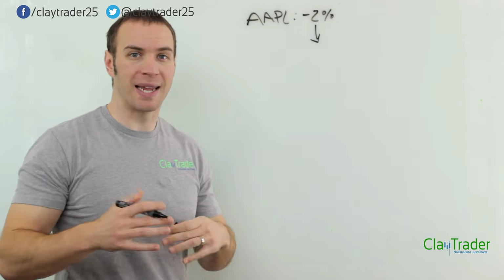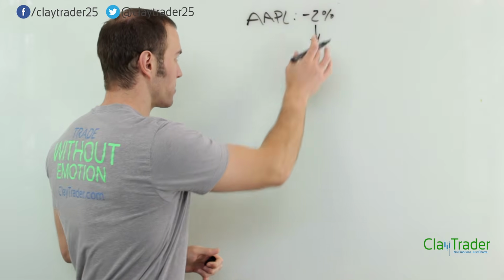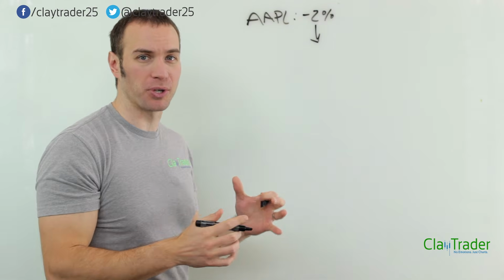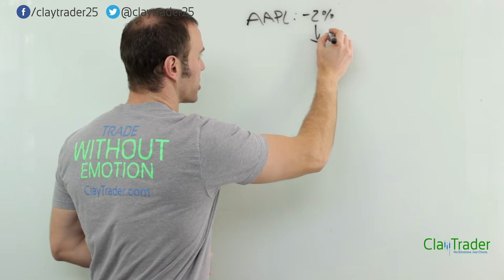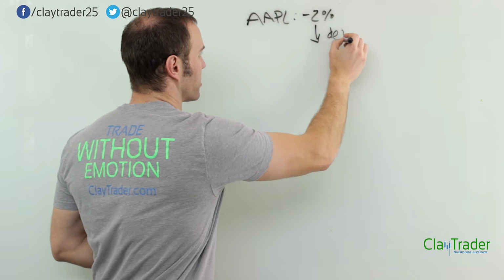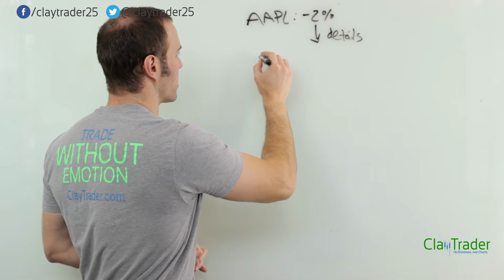And this is where day traders come in, or day trading. Because sure, Apple may have been down 2%, but within that 2%, the day itself, so breaking down the day. So when we do this, this is kind of the details of the day. When you look down, it may have looked something like this.